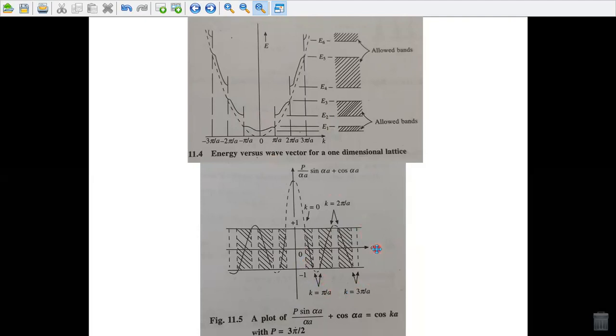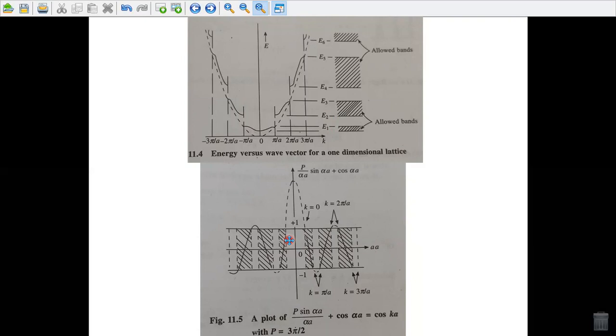If we look at this figure, the allowed range of alpha a permits a wave mechanical solution to exist, as shown in this figure. Thus, the motion of an electron in a periodic lattice is characterized by bands of allowed energy separated by forbidden regions. These are the forbidden regions, the shaded portions.